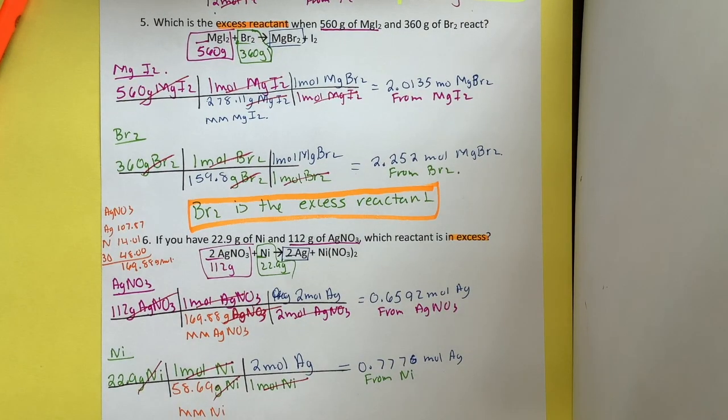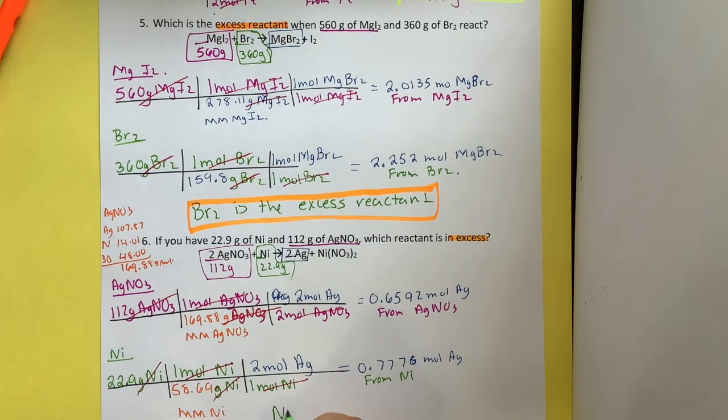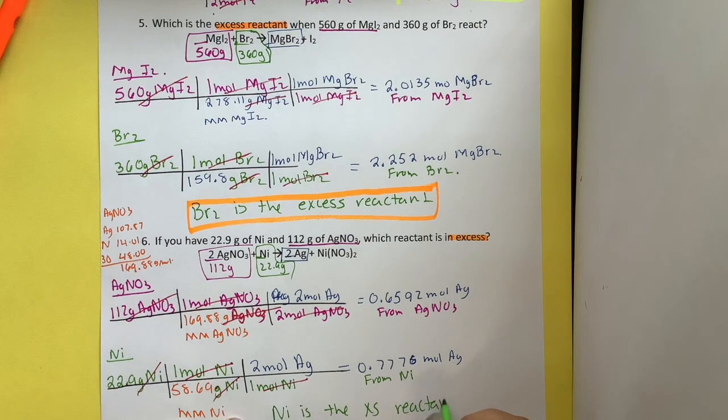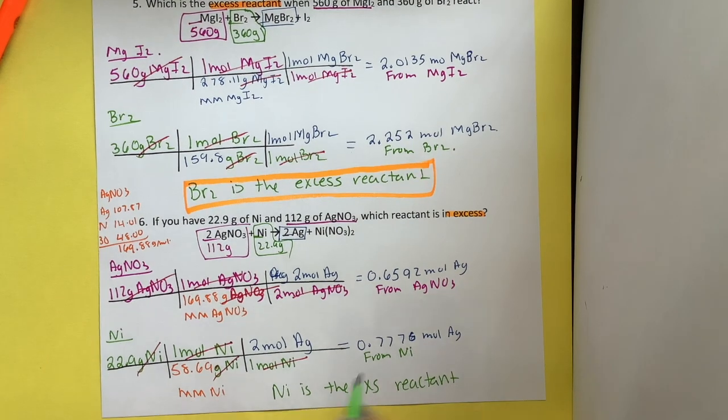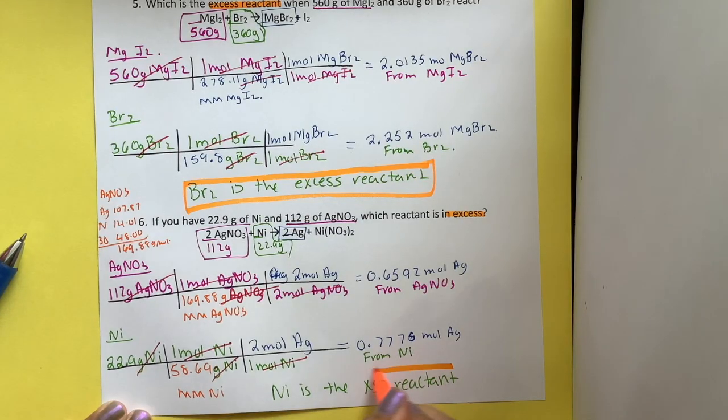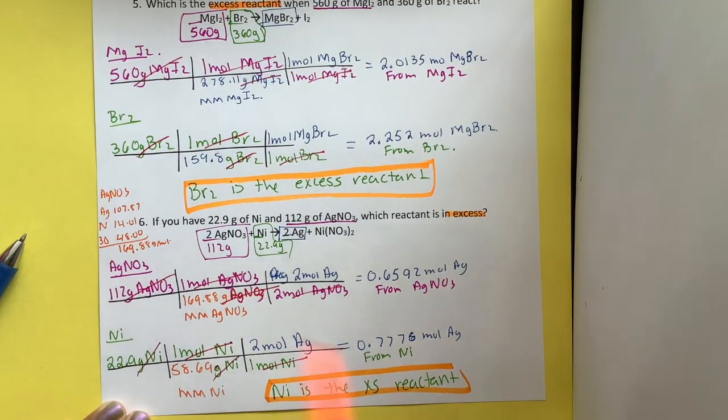Nickel. Therefore, Ni is the excess reactant. Okay, excess reactant. That is my final answer. Nickel is my excess reactant. AgNO3 will be my limiting reactant because it produces the least amount of product.